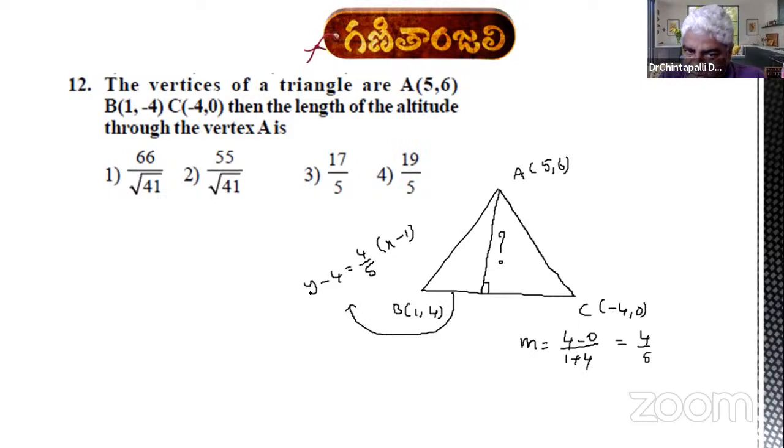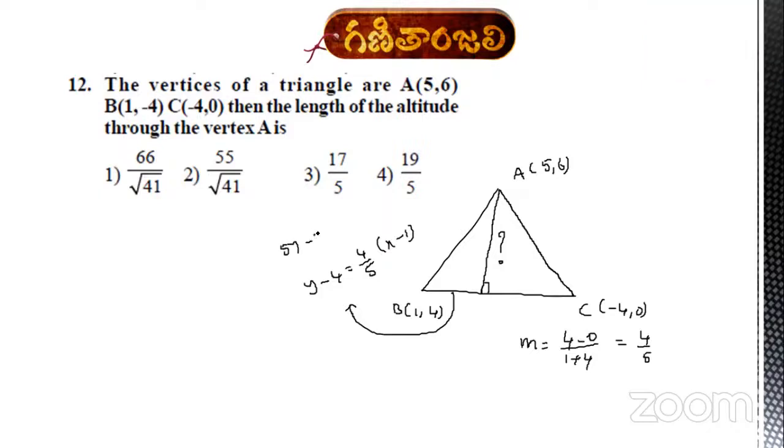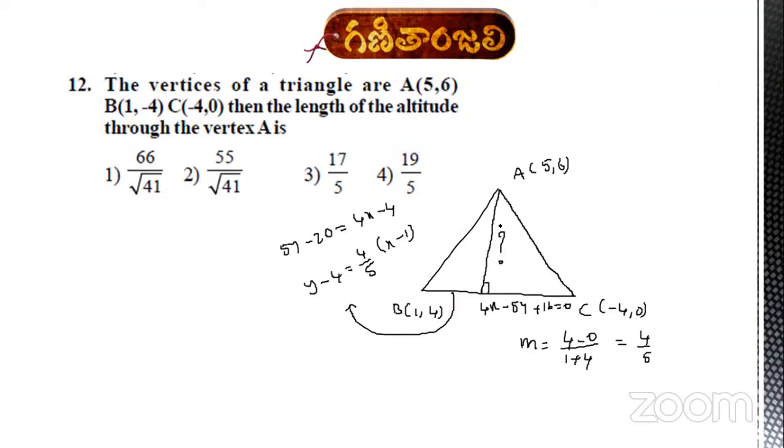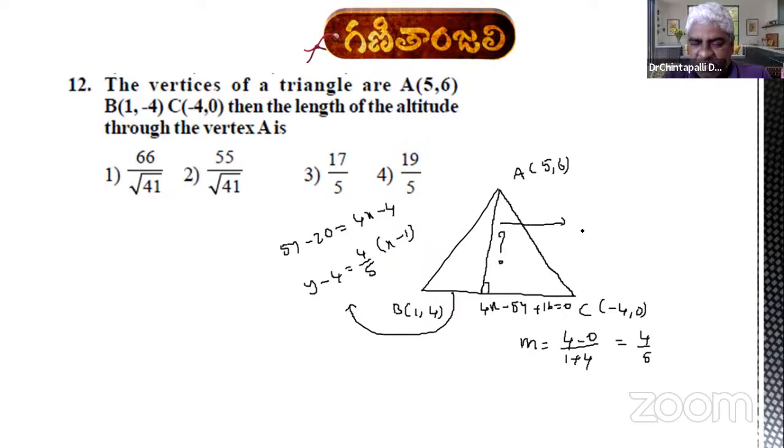Bring this 5 to the left hand side. That is 5y minus 20 equals 4x minus 4. So finally, the equation of this line is 4x minus 5y minus 4 plus 20, that is plus 16, is equal to 0. Now we can find its distance.